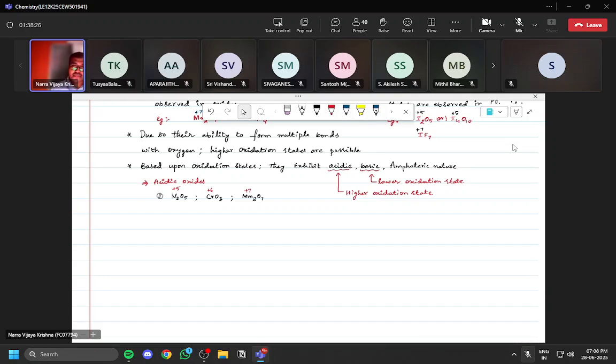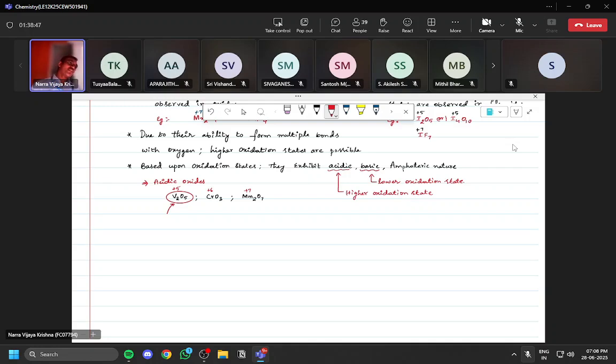In case of V2O5, one specialty, one exception. Actually, in some books, they will write V2O5 as amphoteric, but acidic characters dominate. Right? Based upon the reaction, it shows more acidic characters.